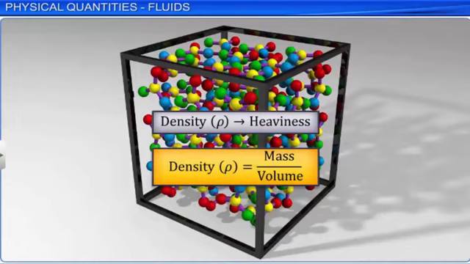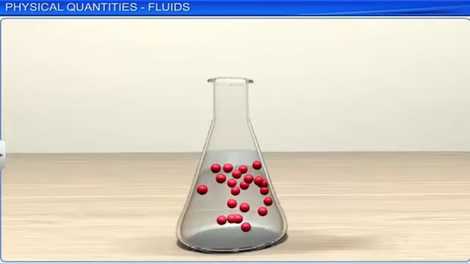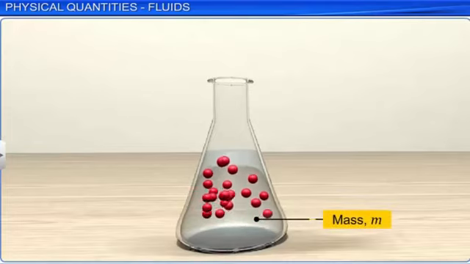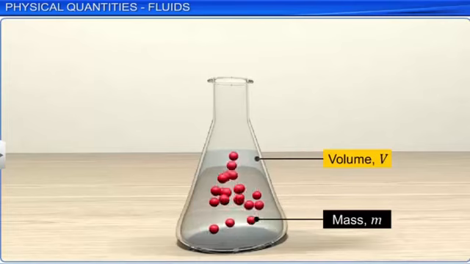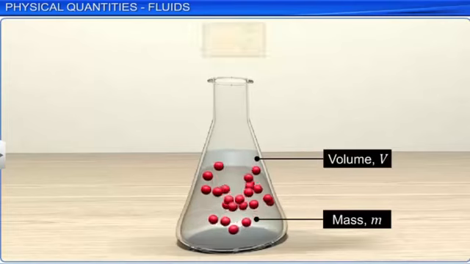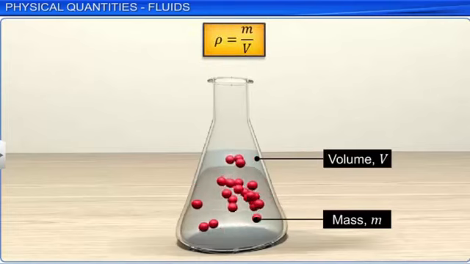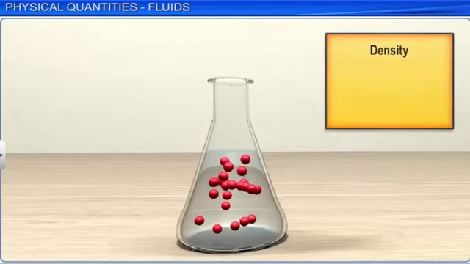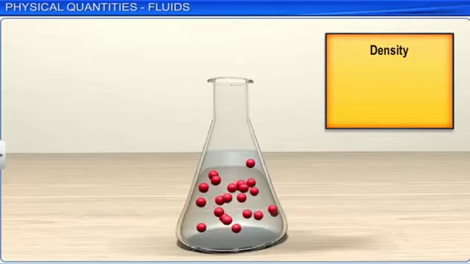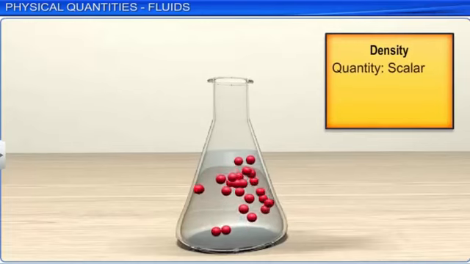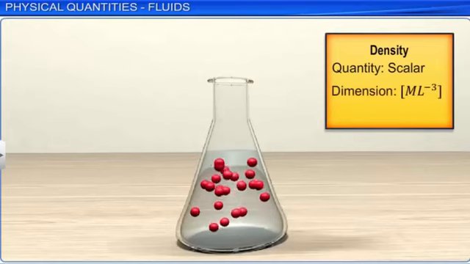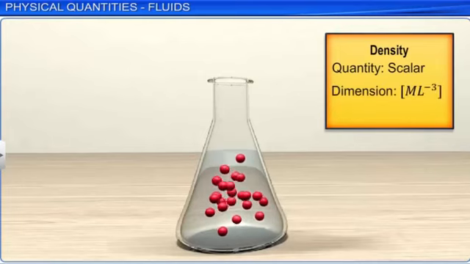Density of a fluid of mass m occupying volume V is represented as the ratio of m to V. As mass and volume both are scalars, density is a scalar and its dimensions are M L power minus 3. In the SI system, density is measured in kilograms per cubic meter.